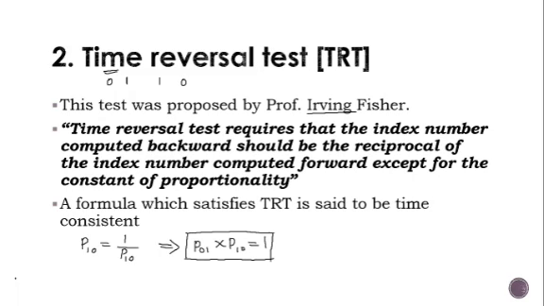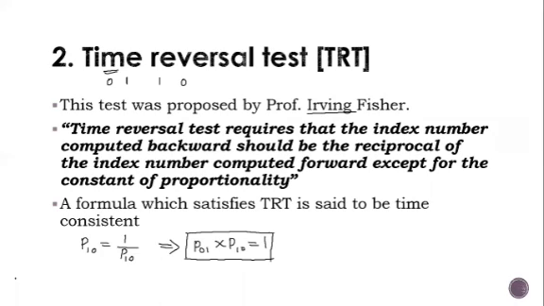Professor Irving Fisher proposed this test, and according to him, when you compute the index number backward, it should give you the reciprocal of the forward answer. When you compute it backward, it should be the reciprocal of the index number computed forward.